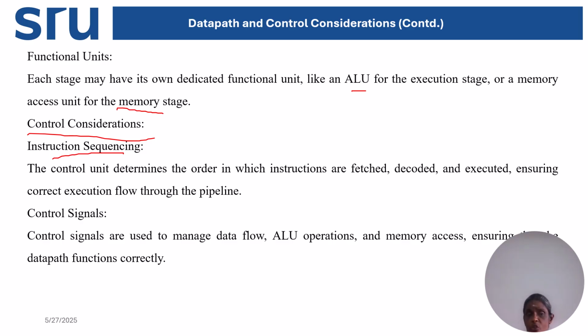All these ensure the correct execution flow through the pipeline. And then control signals. They are used to manage the data flow, ALU operation, and memory access, ensuring the data path functions correctly.